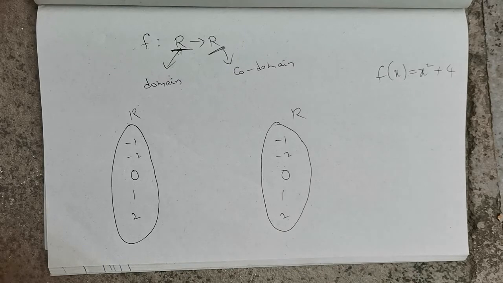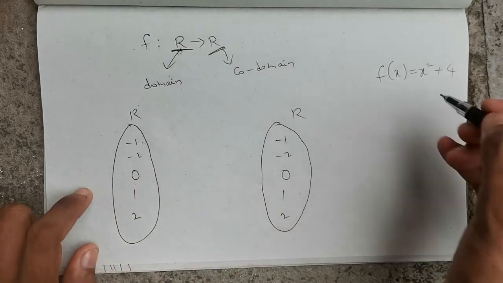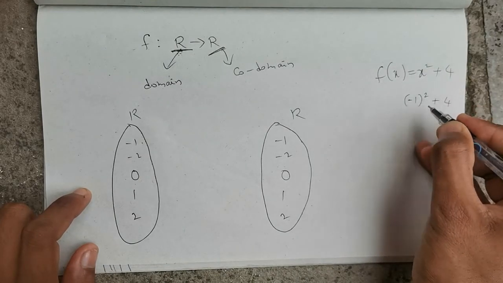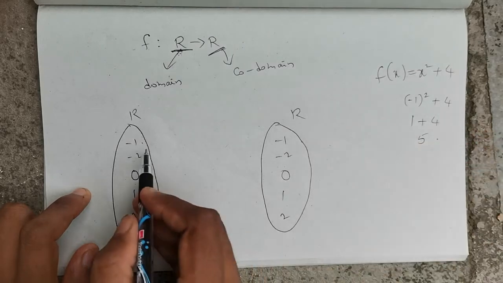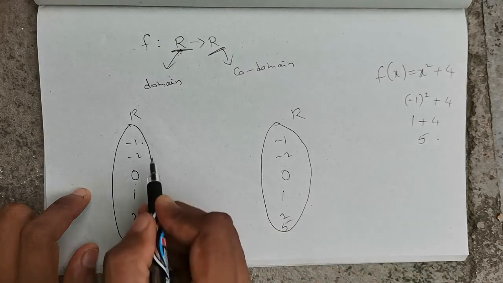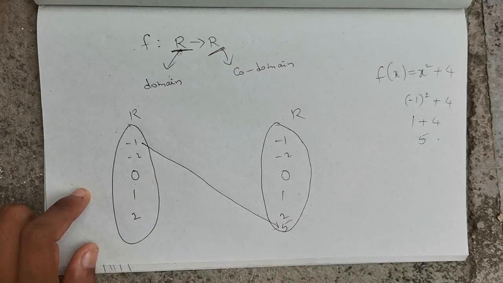Let us check now. If I am substituting -1, what am I getting? -1 square plus 4, that is 1 plus 4, 5. If I am substituting -1, I am getting 5. So 5 also will be there definitely because it is a real number. So -1 is connected to 5.